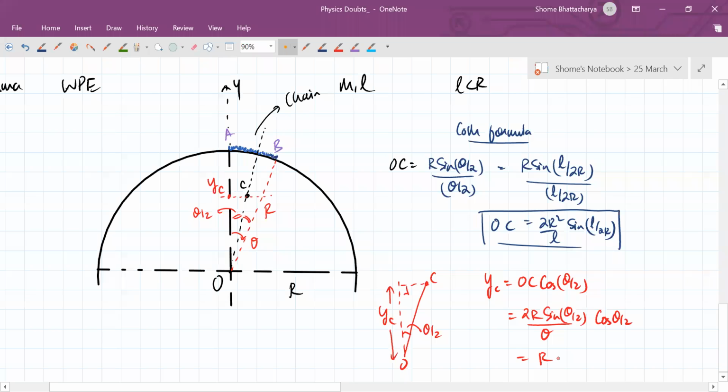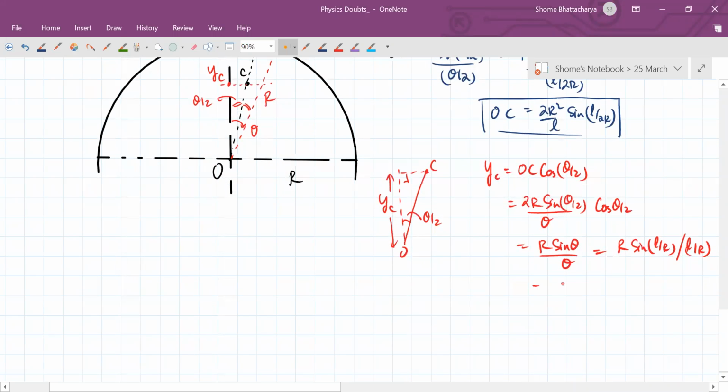You can also write it as r sine theta divided by theta, that is R sine L by R divided by L by R. So R square by L sine L by R. This is the y coordinate of the center of mass.